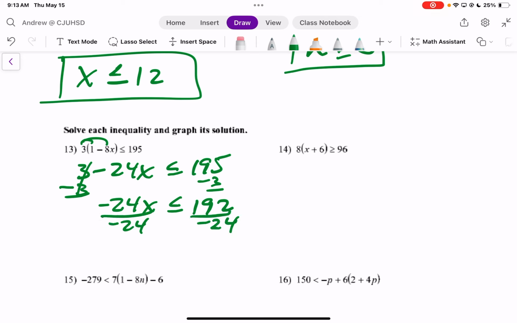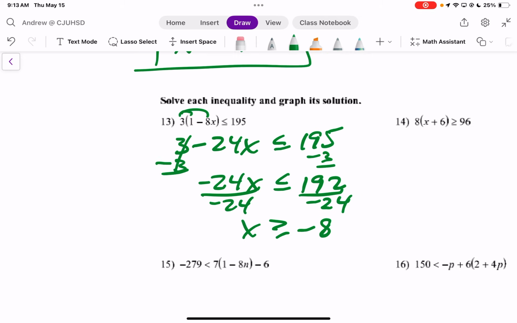And when you divide by a negative, the inequality switches the other way. On the graph of that, I'll just do a real simple one. It's going to be a closed dot on there, and then you're going to see some shading. Remember, if you have the x on the left, then the inequality shows you what direction to shade. You'd shade this one to the right because the arrow is pointing to the right.